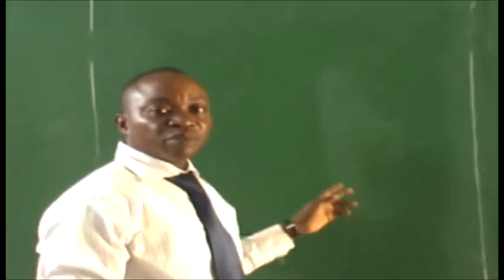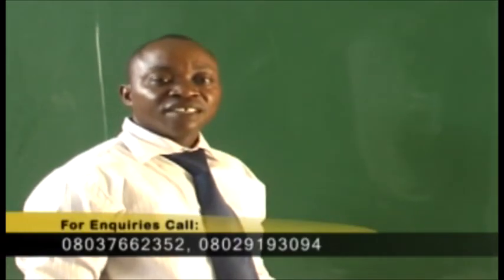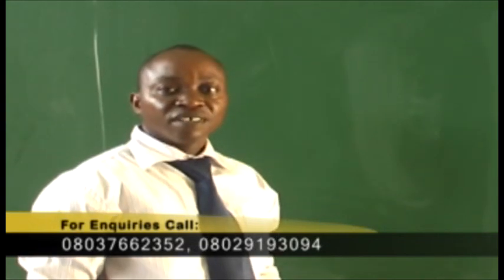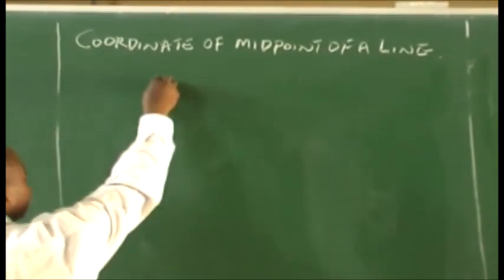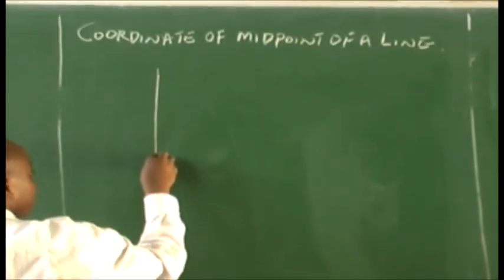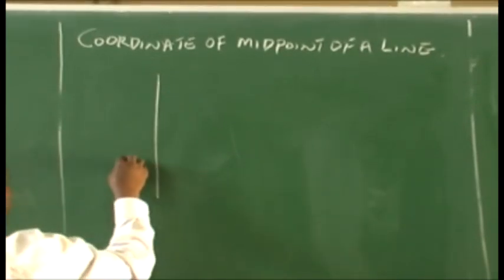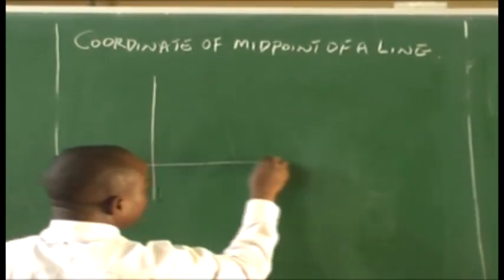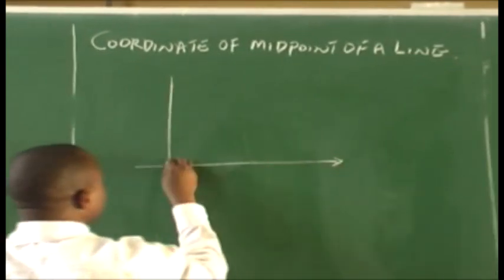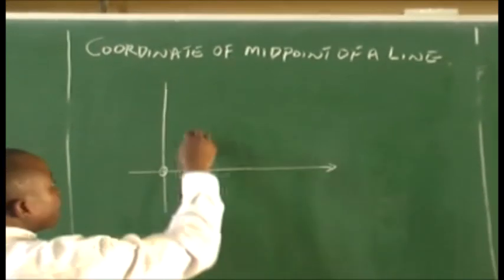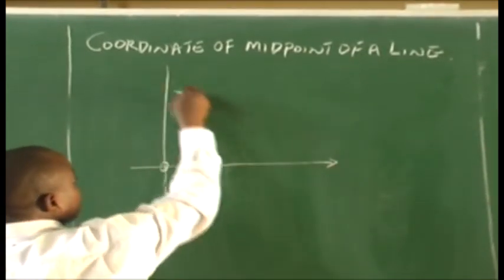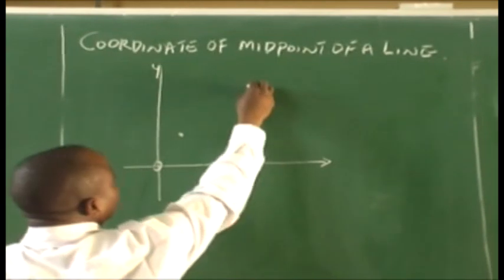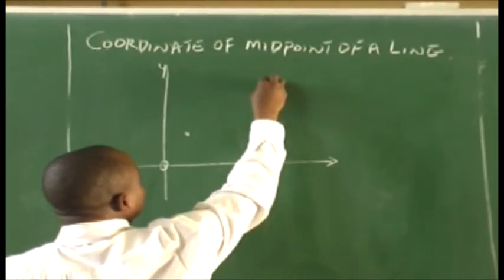The next subtopic we are going to look at is the coordinates of the midpoint of a line. Now, consider the Cartesian coordinate plane again. Everything we are going to do in this course will deal with the plane. Now suppose I have a point here, and I have another point here.